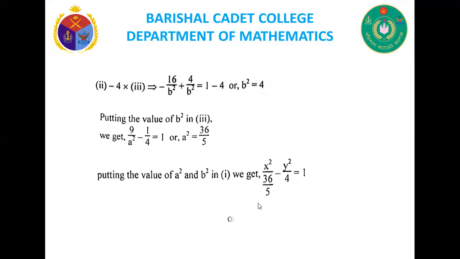Then simplifying this, we get 5x²/36 − y²/4 = 1. I am repeating again, 5x²/36 − y²/4 = 1. This is the required equation of the hyperbola.